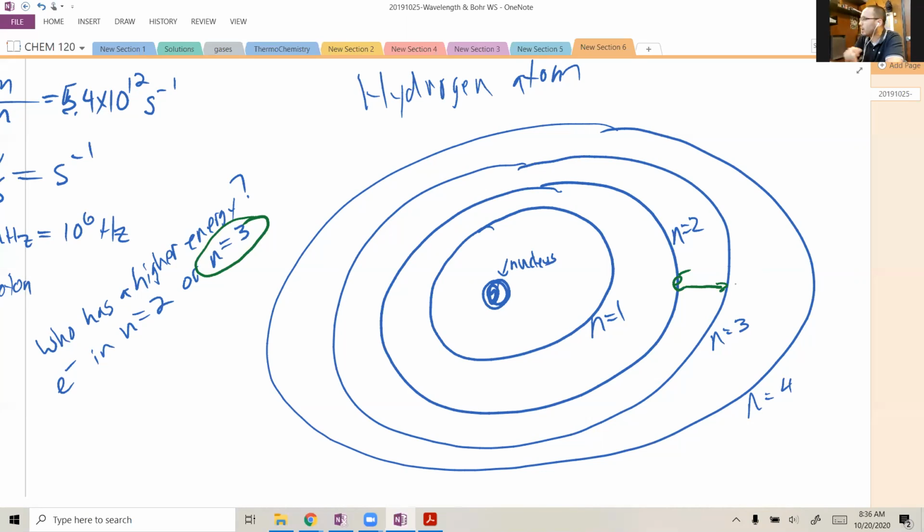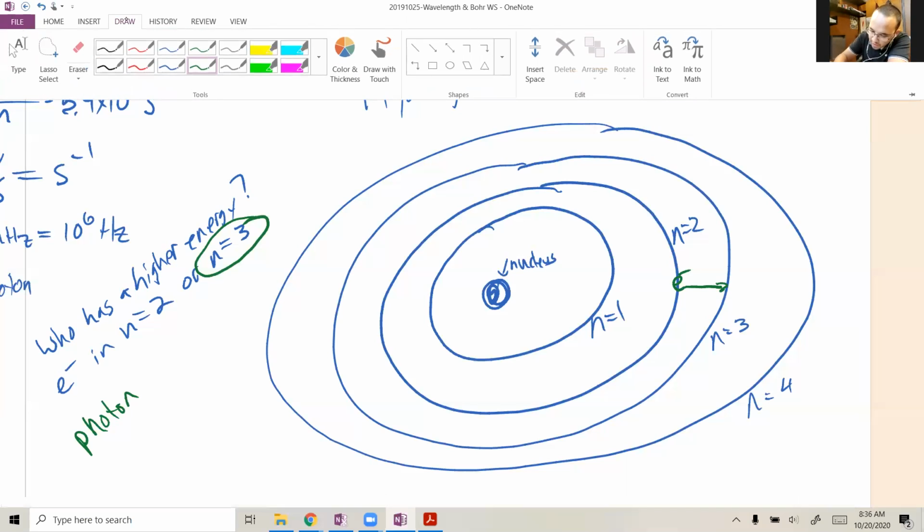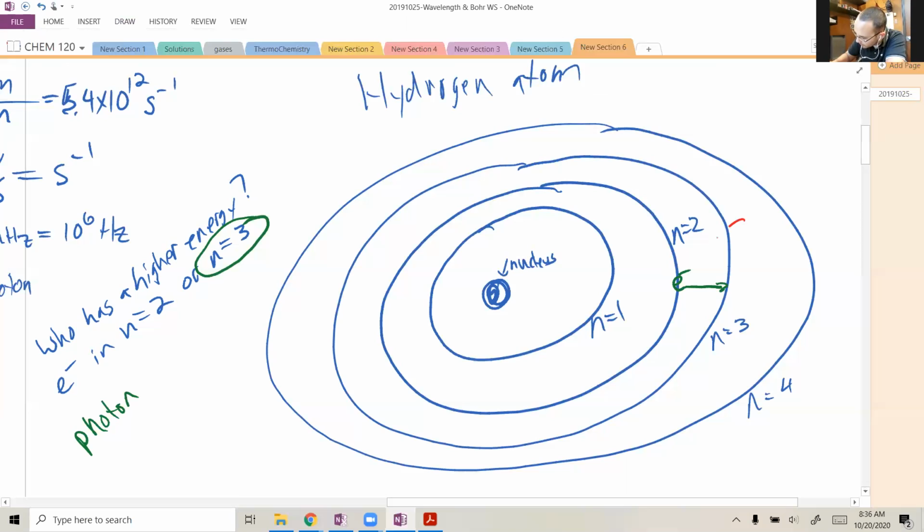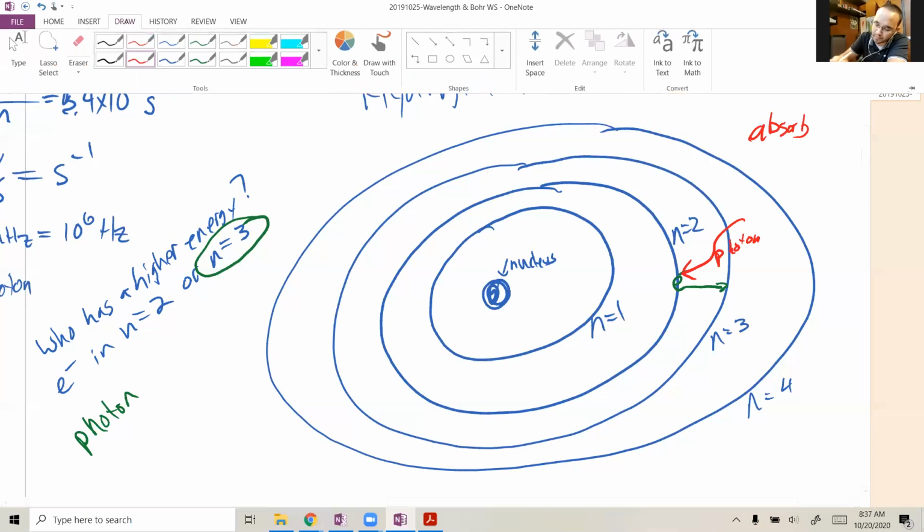Now for electrons, how it gains energy or loses energy comes in the form of a photon. So in this case, for us to move that electron in, we have to shine a light on it. We have to put in that photon, and it's going to absorb it as it goes up.